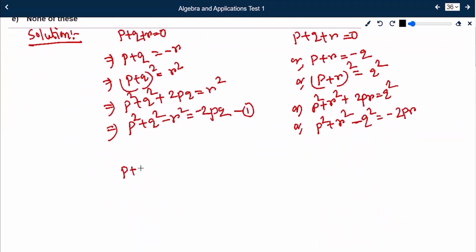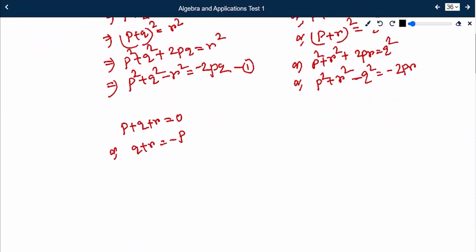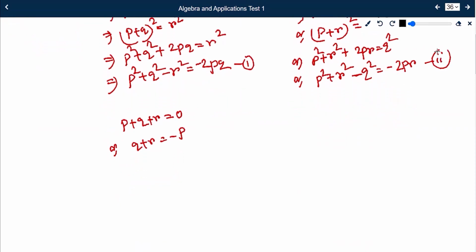Next, this time we are taking p to the opposite side. Let's name it 2.